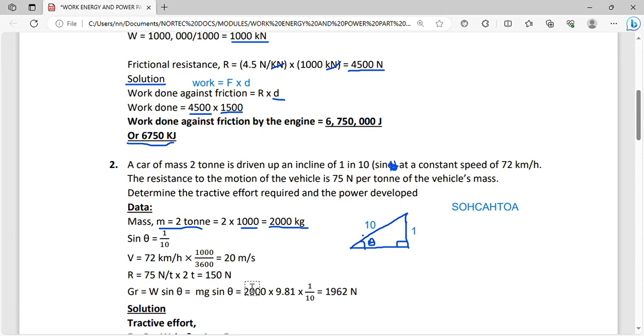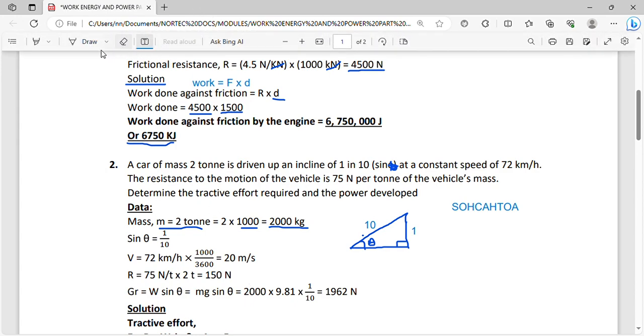So 1000 over 3600. In short, it's as good as dividing by 3.6. So 72 by 1000, which is 72,000, divided by 3600. Does that give us 20? Is that correct?